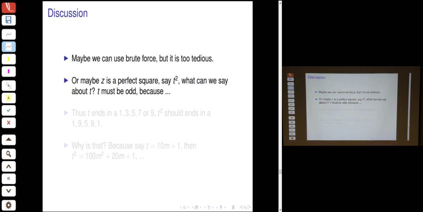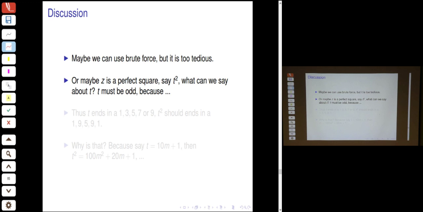So maybe this guy is t squared. Now let's try to reason. Suppose z is t squared, what can we say about t? The first thing we can say about t is t must be odd. Odd means cannot be divided by 2, and even means divisible by 2.